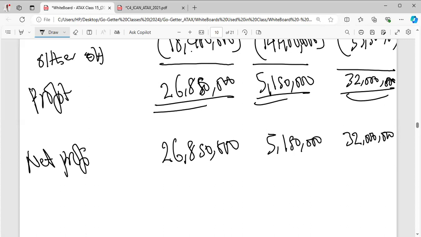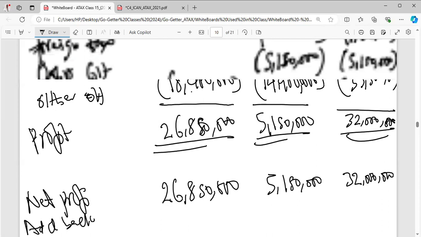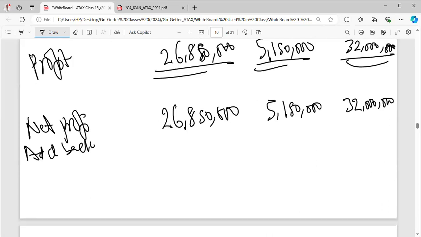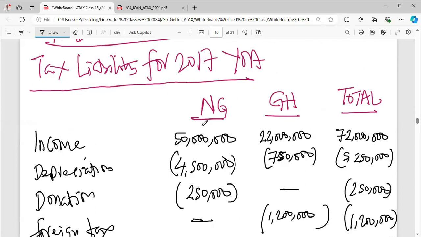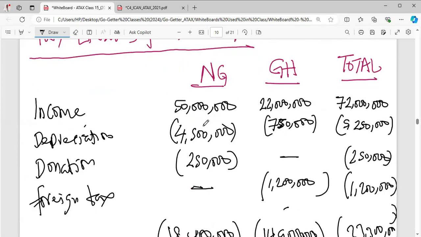Add back, what are we adding? Depreciation. What is the depreciation? 5,250.